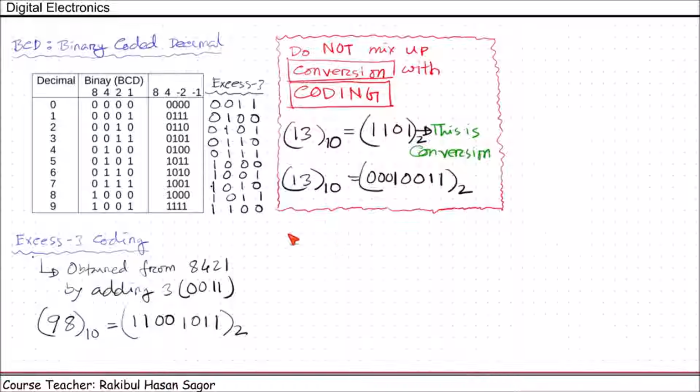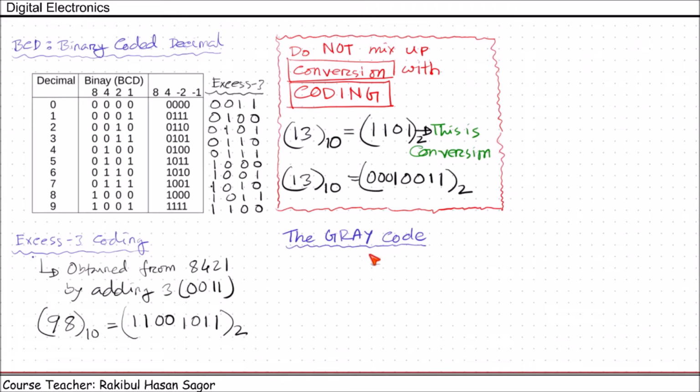Next, we will discuss another type of coding, that is the gray code. The gray code is an unweighted code, that is, there is no specific weight assigned to the bit positions. The important feature of the gray code is that it exhibits only a single bit change from one code word to the next in sequence.